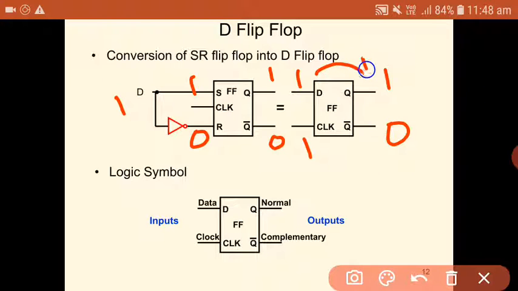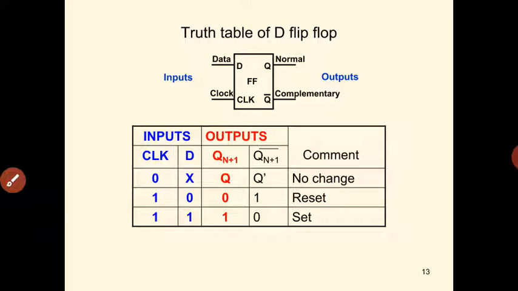Again, whatever input you apply at the D input, that will be reflected at the output of the D flip flop. That's why the D flip flop is used to store information, and you can also call it a delay flip flop or data flip flop. Whenever the clock is equal to 1, the output of the D flip flop follows the input. That is the meaning.